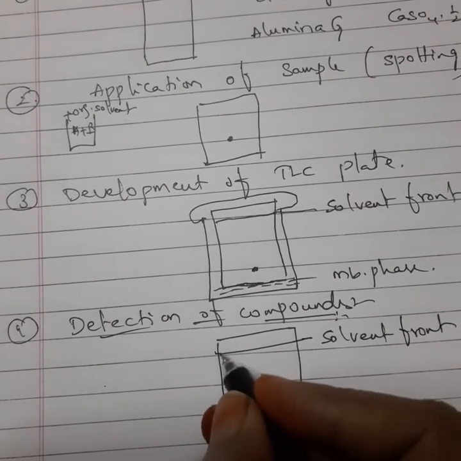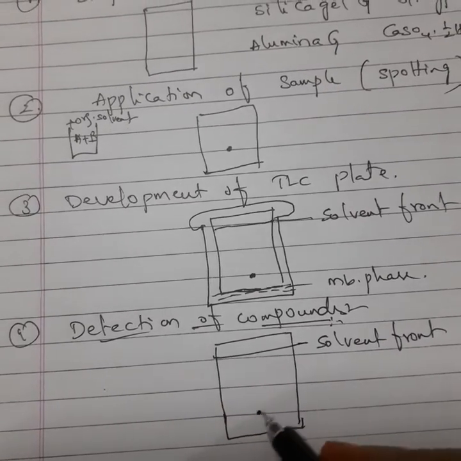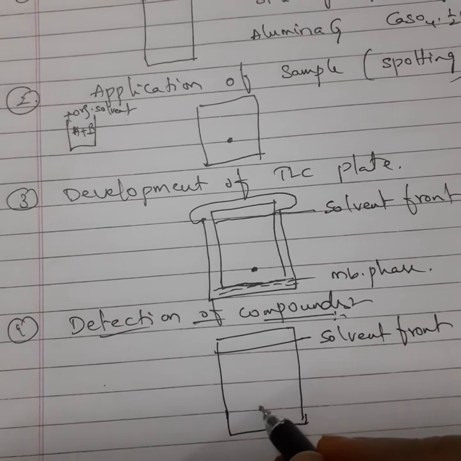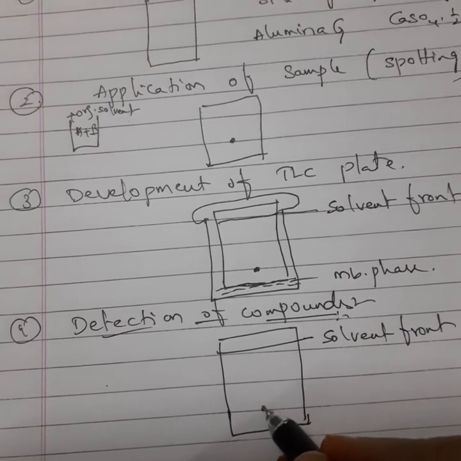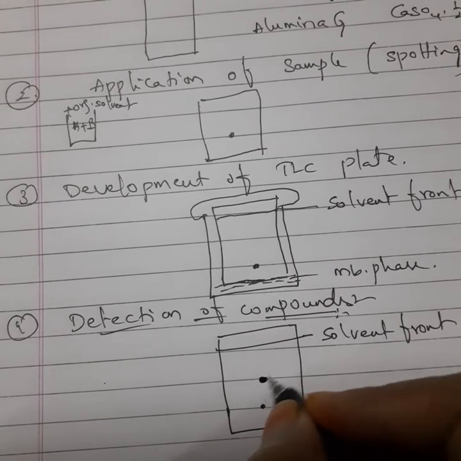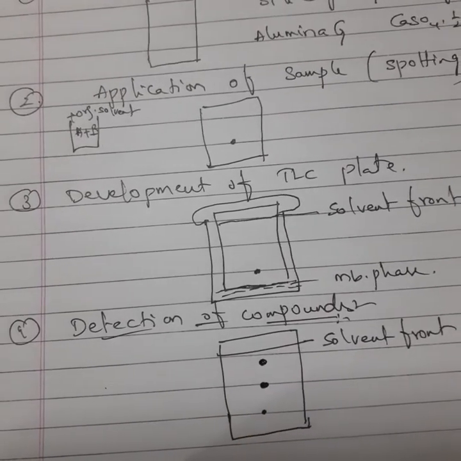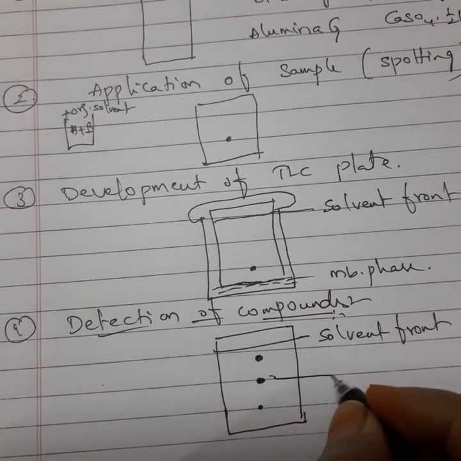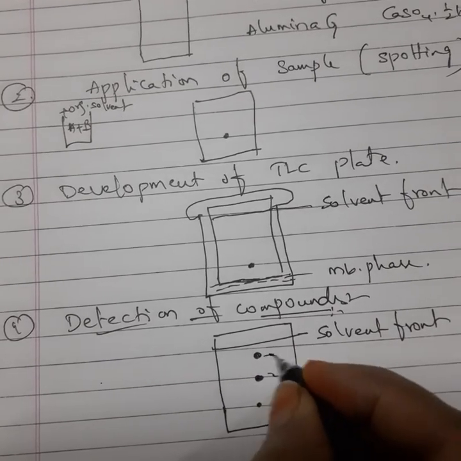Take a pencil and note down a line here, and after 3 to 4 minutes or 5 minutes, you will observe that the spots are like this. The spots are like this, which is B, and this is what?